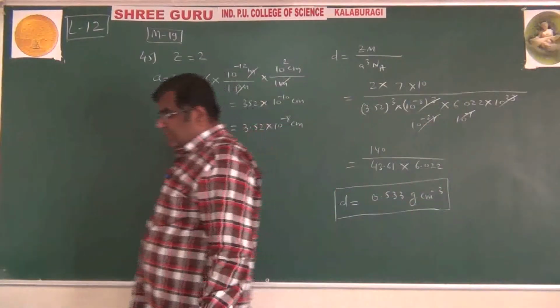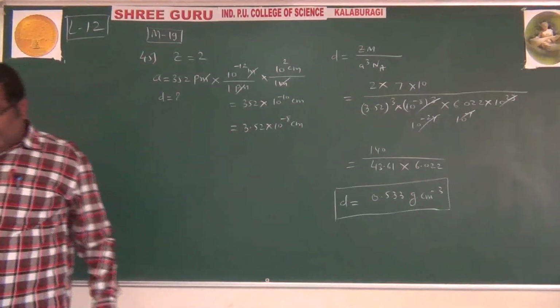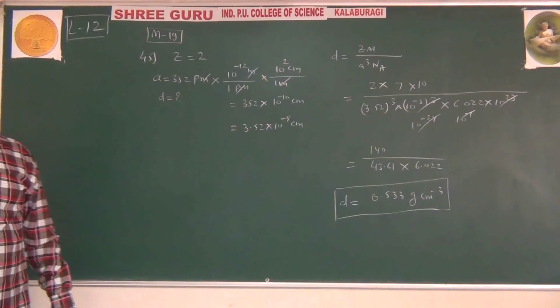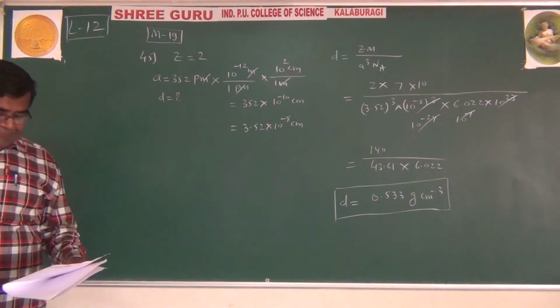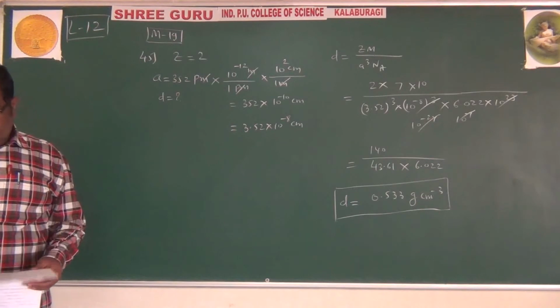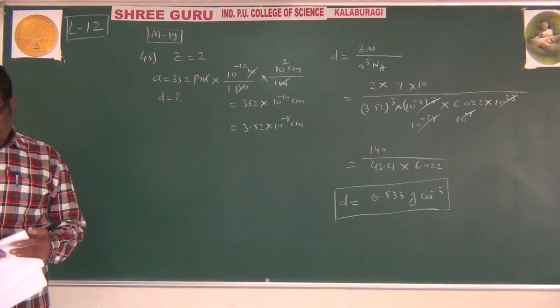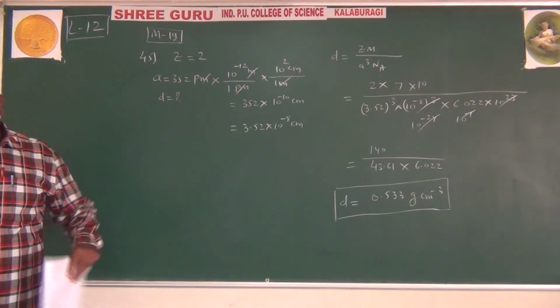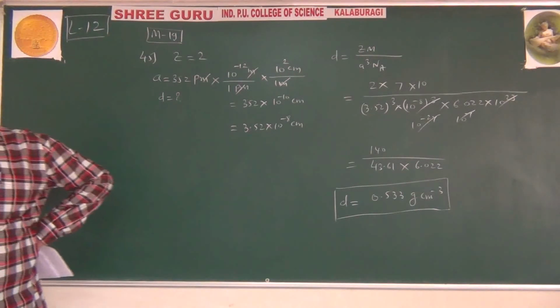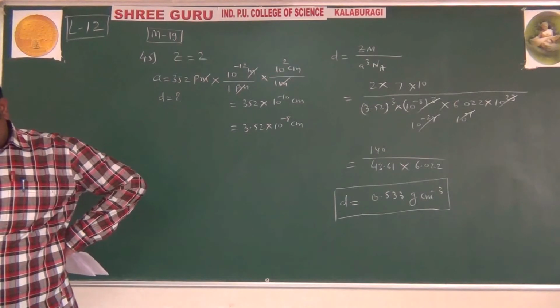So this is question number 45 in our question bank, which was asked in March 19. Now there is a question in June 19. You can solve that also. A metal with atomic mass 209 crystallizes in a simple cubic lattice.